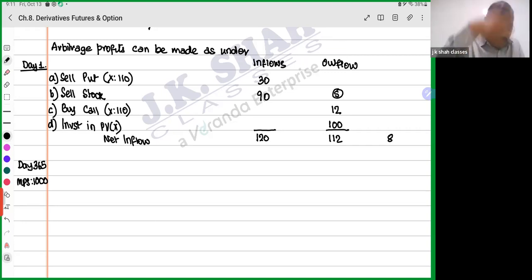You have sold a put. You have given someone the right to sell the stock to you at 110. Right? Will that guy exercise it? No. That means this put will lapse. No cash inflow or outflow. Put sold lapses.